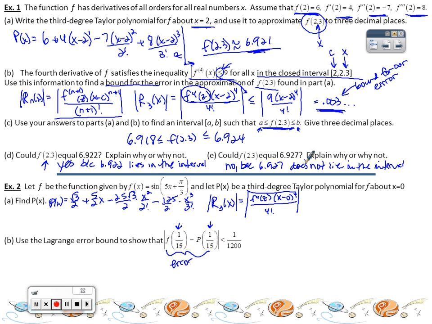All right, so we got that other stuff down, but we need to know about a maximum fourth derivative value on that interval. They did not give that to us, so we have to investigate it. And no, you can't go on your calculator and type in the fourth derivative and allow your calculator to do a max finder to get the maximum value.